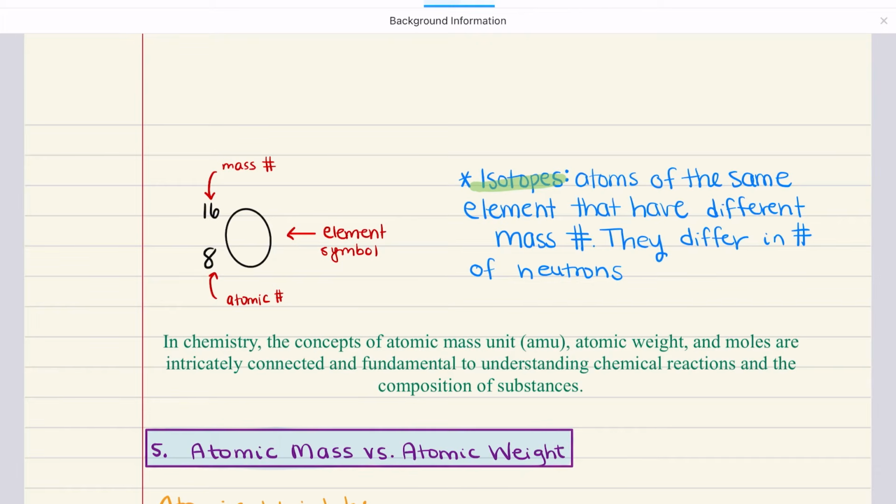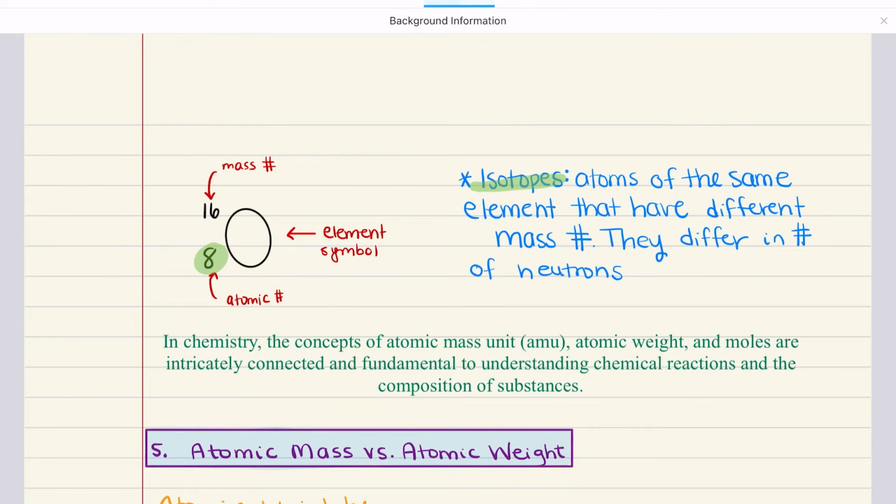Atomic weight also takes into account the relative abundance of each isotope in nature. So let me give you a proper definition of isotope. Isotopes are variants of elements that have the same number of protons, but a different number of neutrons, leading to different mass numbers. If we're talking about oxygen, all oxygen atoms have 8 protons in the nucleus, but the number of neutrons can change, and that gives rise to isotopes.